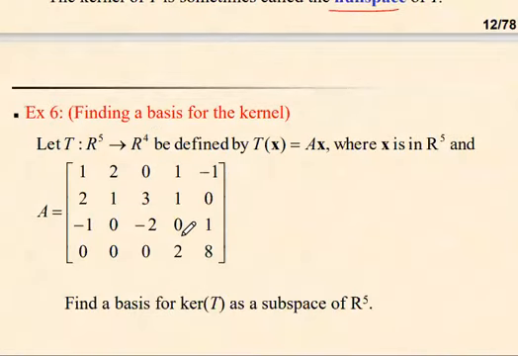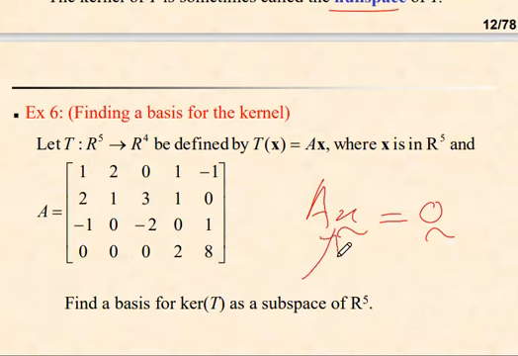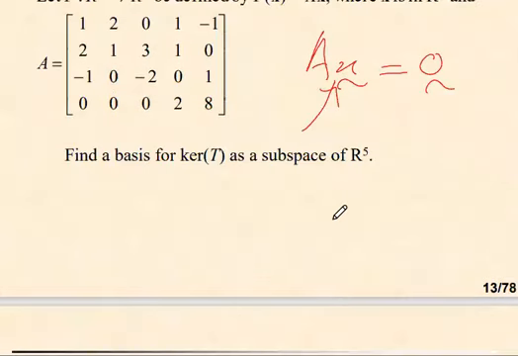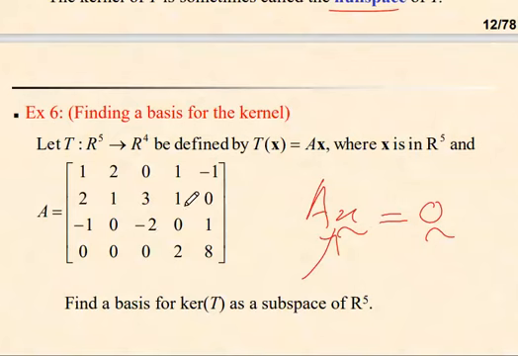So let's find the solution space of Ax equals 0. I think you have solved a ton of exercises, and I have given a lot of exercises. Now it is easy for you to identify the kernel of T, right? So how do you do that?